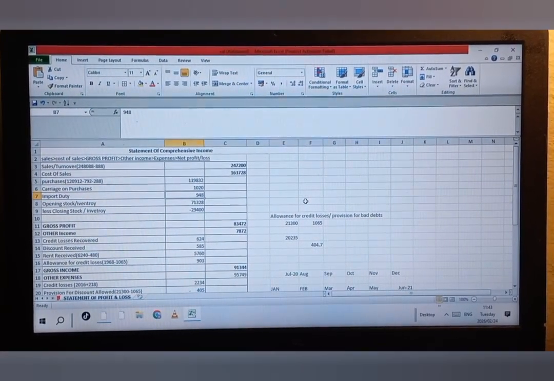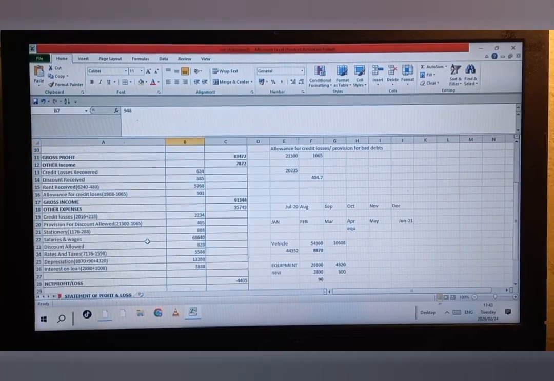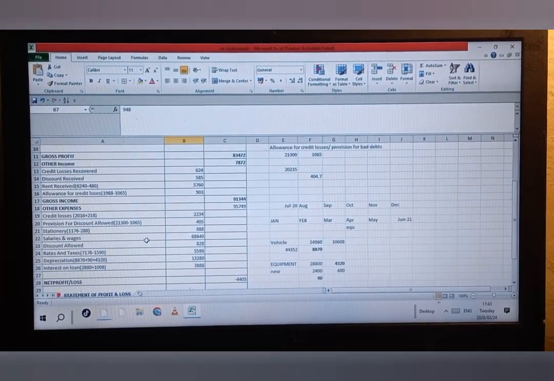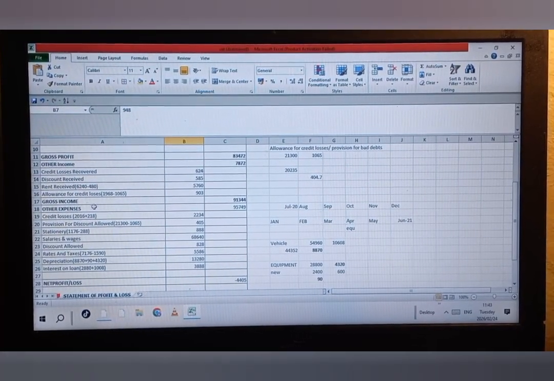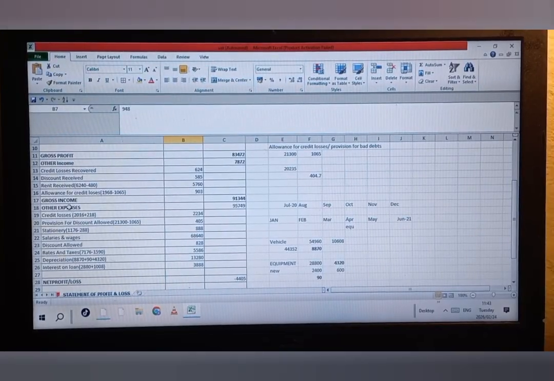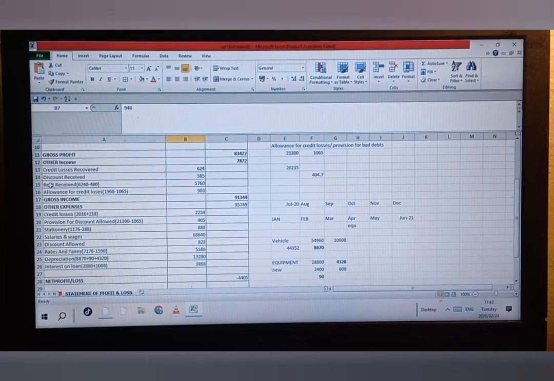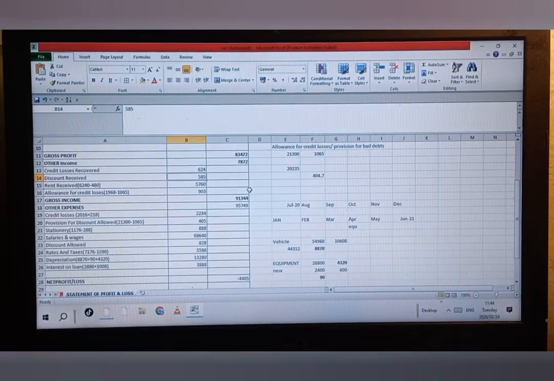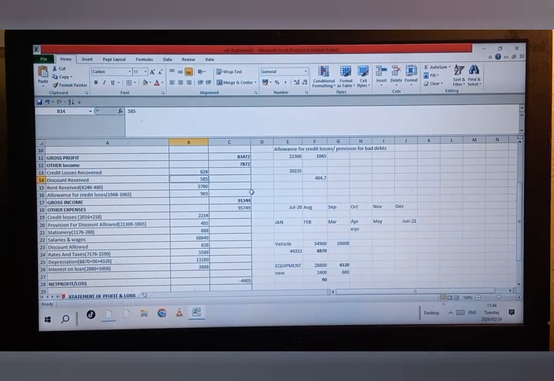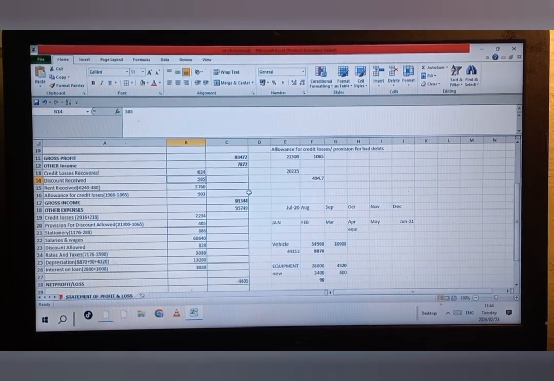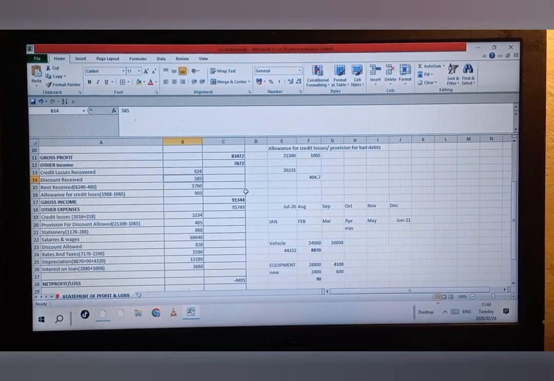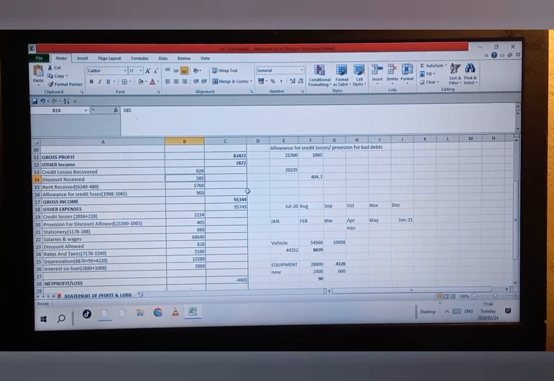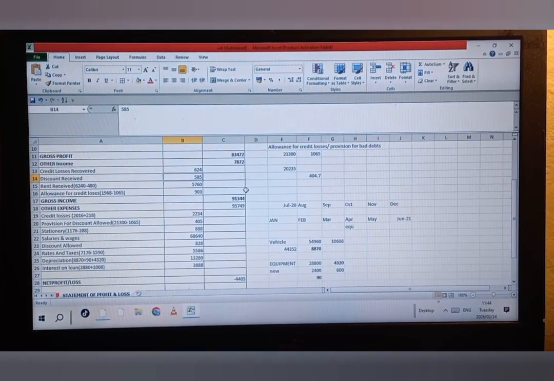And then also we have discount received from our income. Discount received is 585 from our trial balance, but in the memo they said 686, which is incorrect.